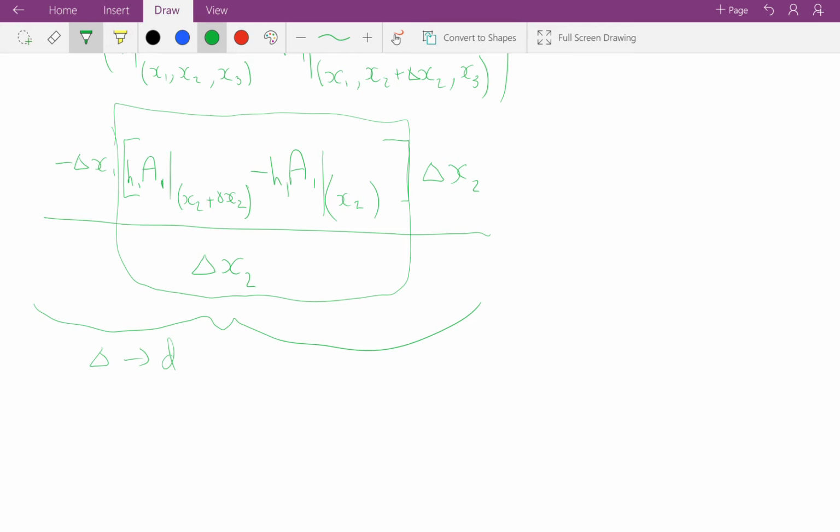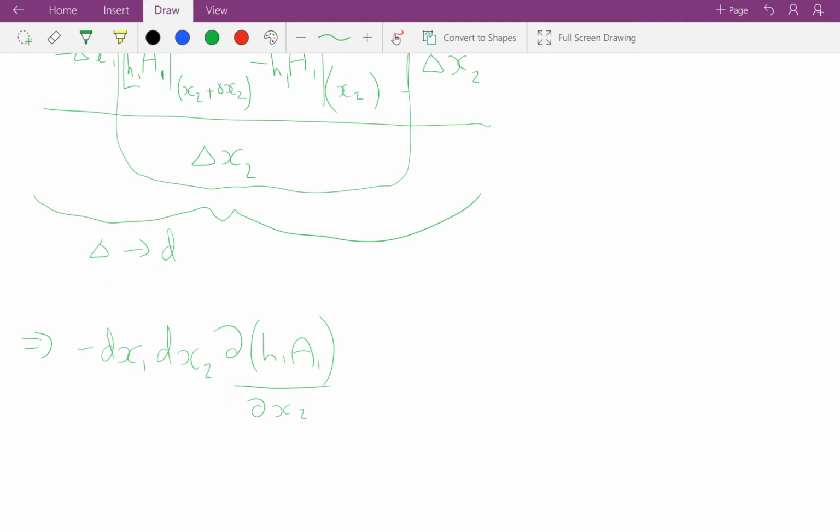It's going to simplify to minus dx1 dx2 del h1 A1 over del x2.